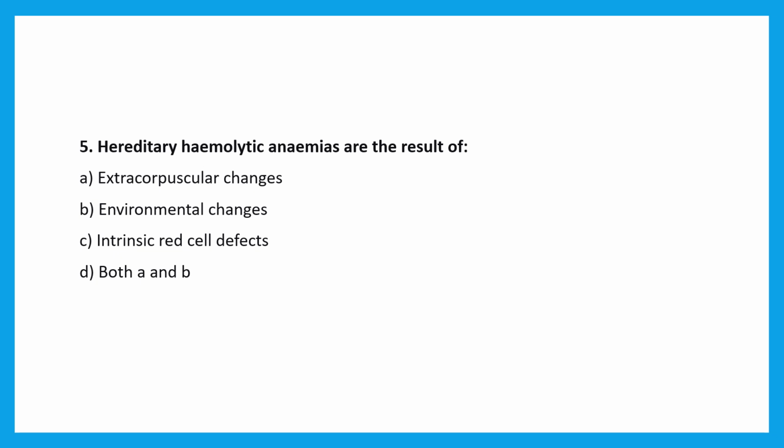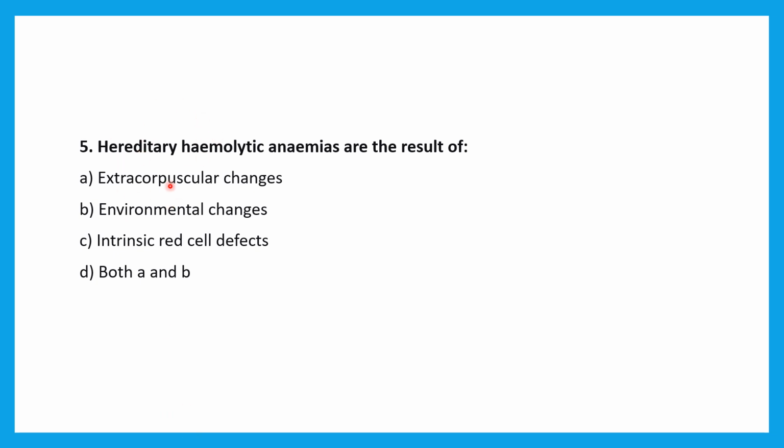Hereditary hemolytic anemias are the result of A, extracorpuscular changes, B, environmental changes, C, intrinsic red cell defects, D, both A and B. Which one do you think is the correct answer? Look at the keywords that we have here. Hereditary.